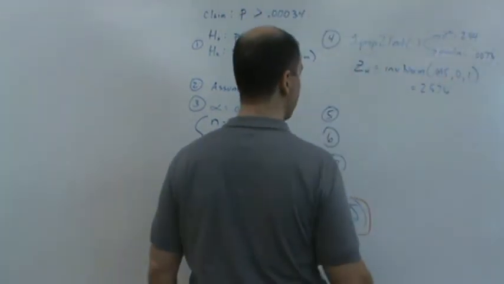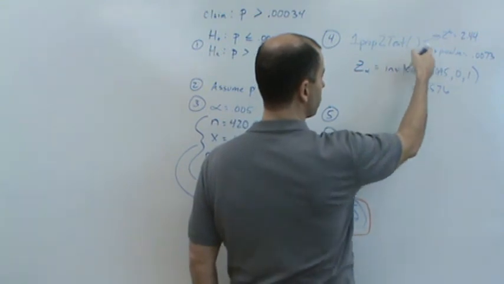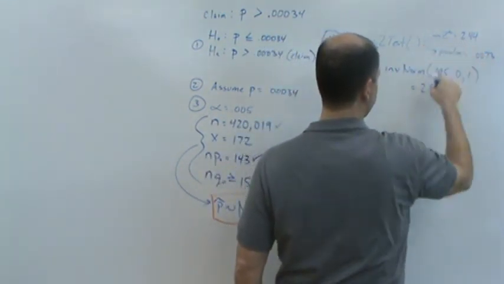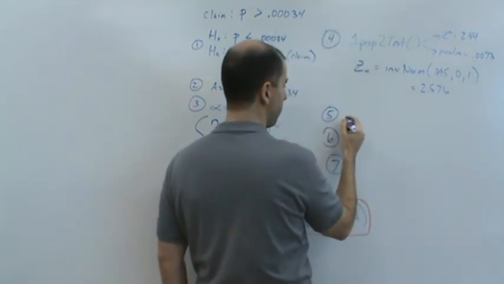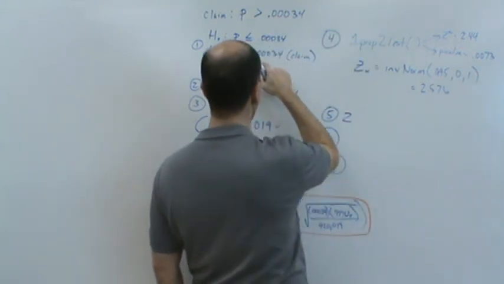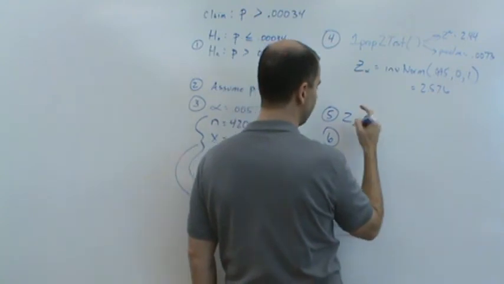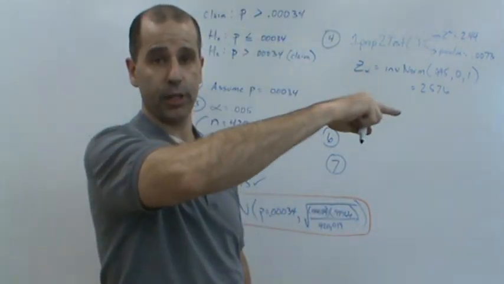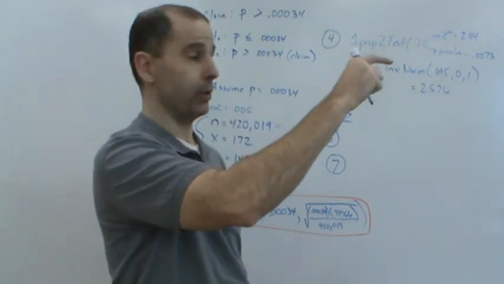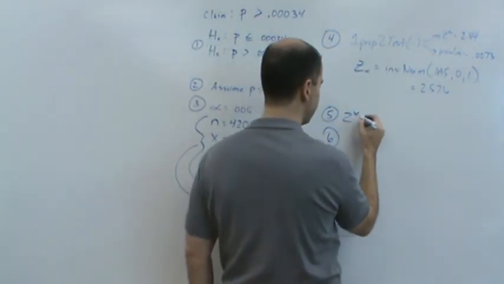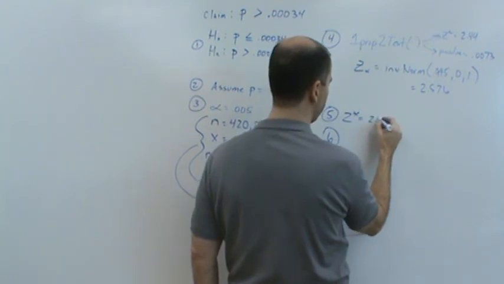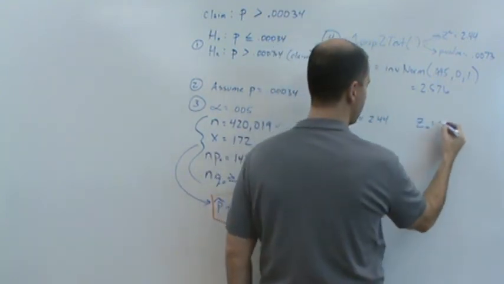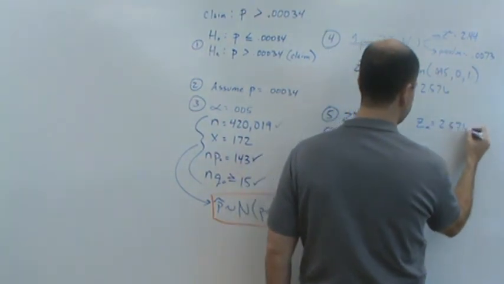So again, what are the common ones? And then, of course, we could do the traditional method, compare our test statistic to here. So in this case, it's a right tail test, right? Which means we're going to reject if our test statistic falls within the rejection region on the right side, greater than or equal to. So z star is equal to 2.44. Z alpha in this case is 2.576.